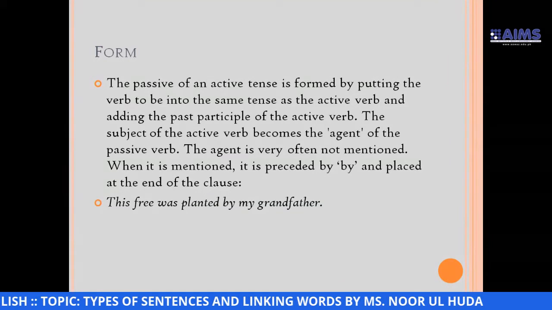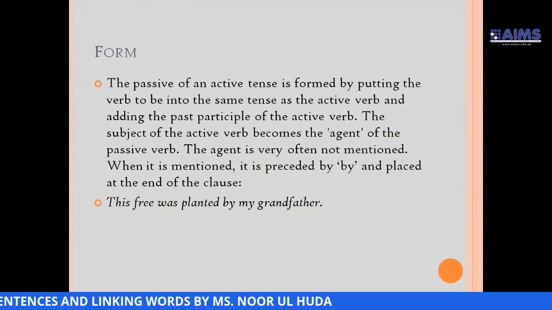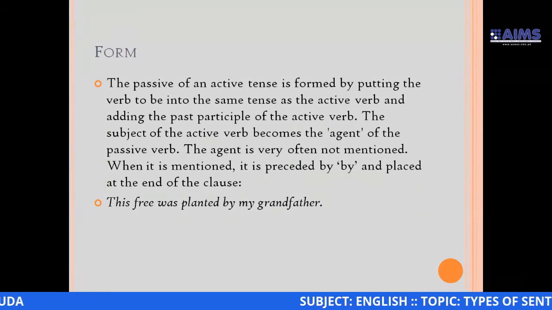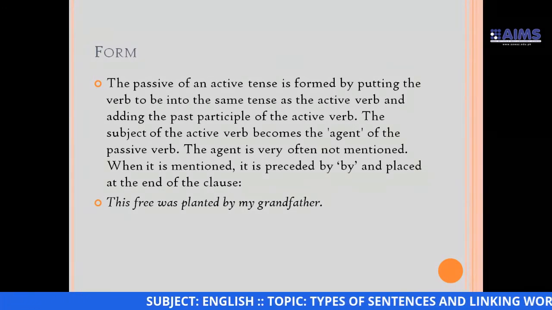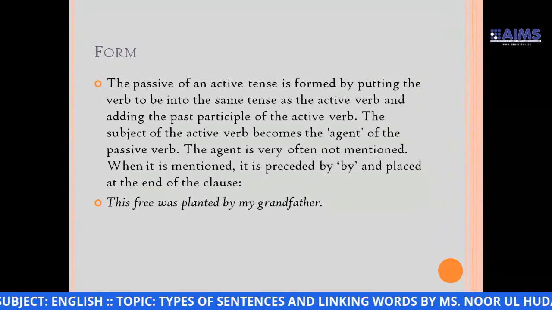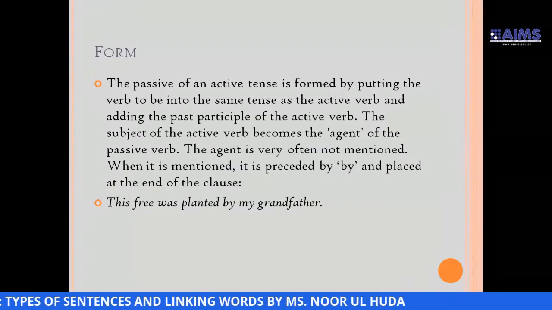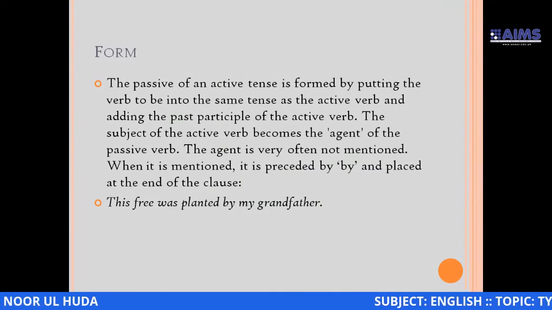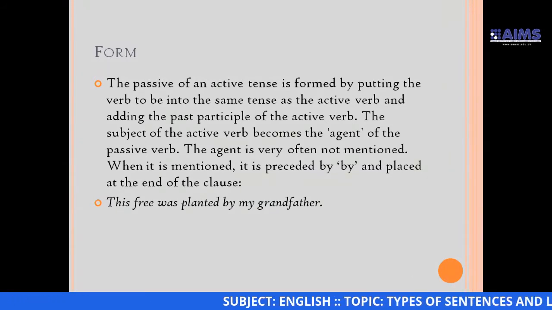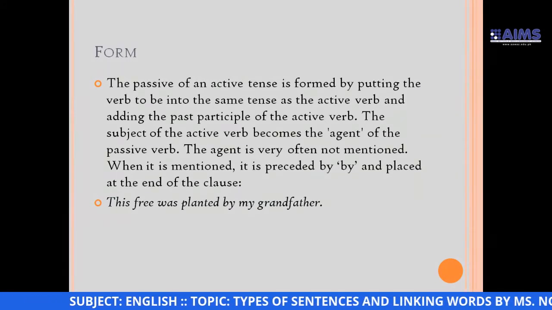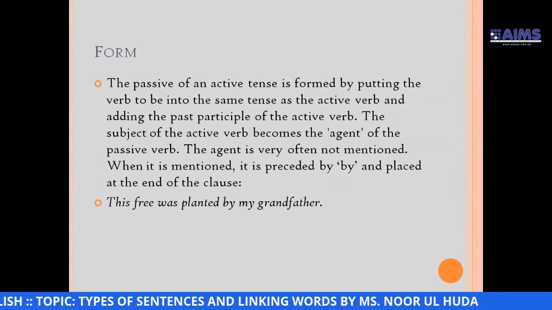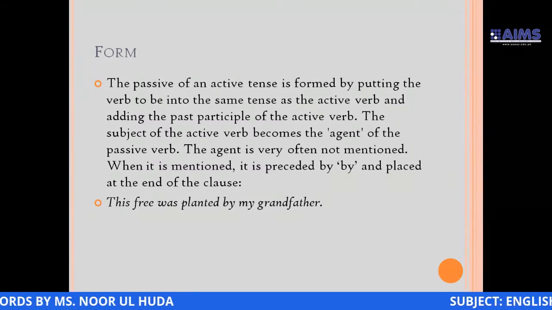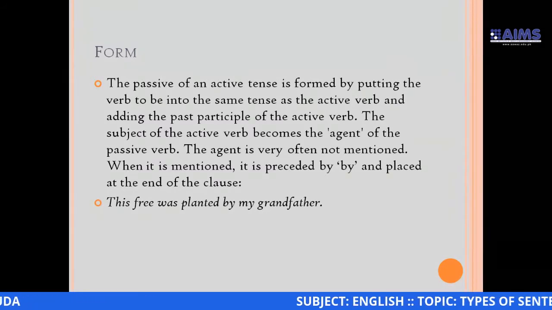The example given here is: this tree was planted by my grandfather. So what does it mean? The tree was planted. Now "by my grandfather" is obviously the doer of the action, but if we remove it, the sentence remains clear.